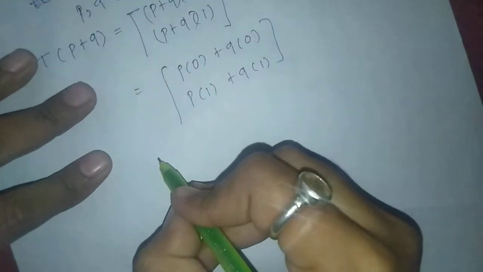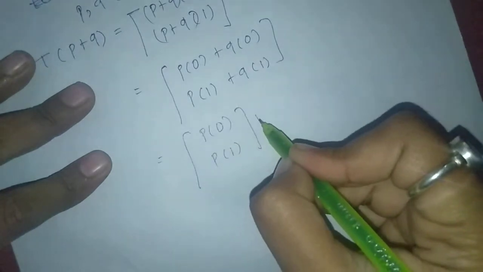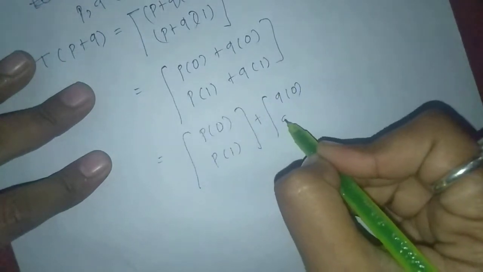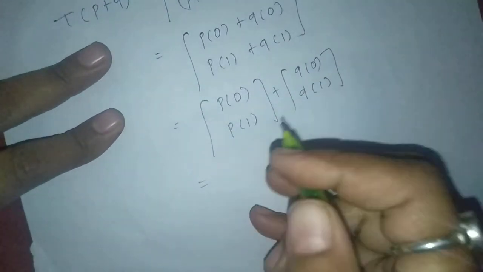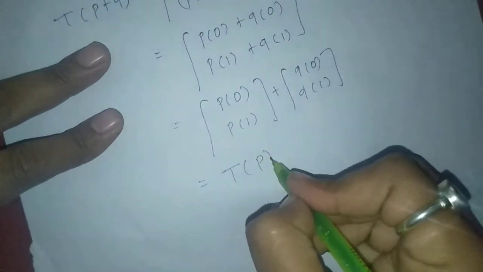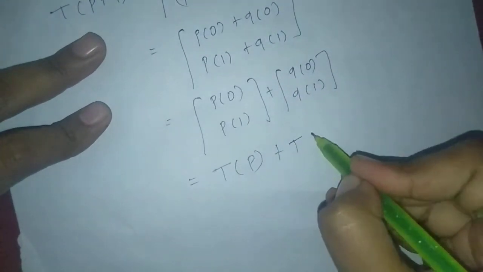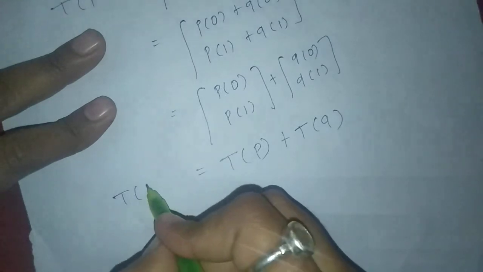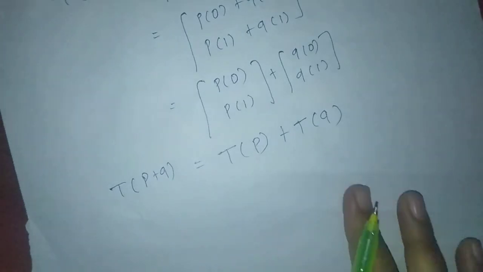This can be written as (P of 0, P of 1) plus (Q of 0, Q of 1). (P of 0, P of 1) is the definition of T of P, and similarly (Q of 0, Q of 1) is the definition of T of Q. So here we get T of P plus Q equal to T of P plus T of Q. The first condition of linear transformation is satisfied.